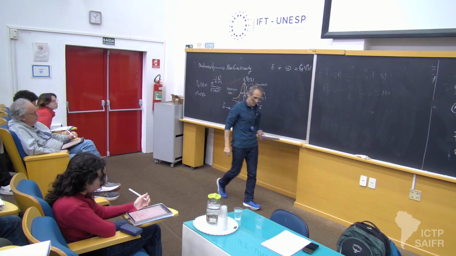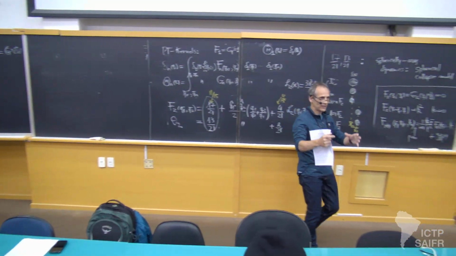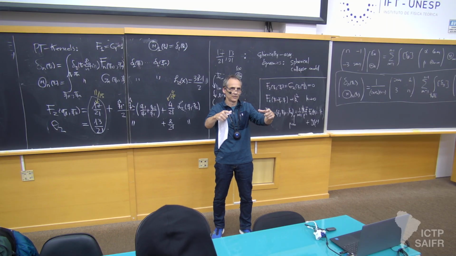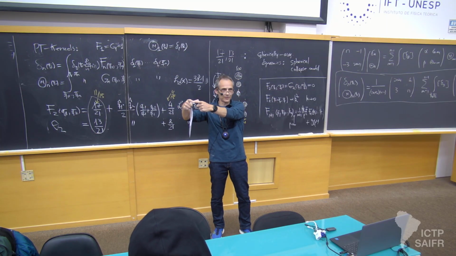Okay? So let's think now what happens. If I have an underdense region, because the expansion of the universe wins, that underdense region will increase volume at later times. Whereas in an overdense region, gravity wins, and it will decrease volume.